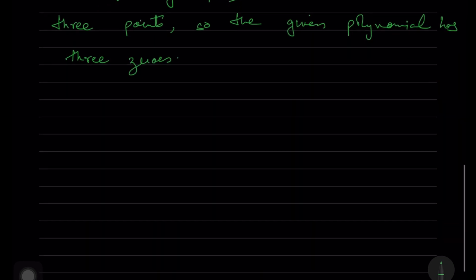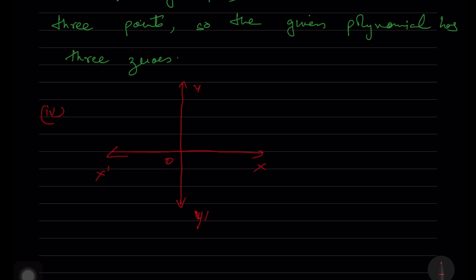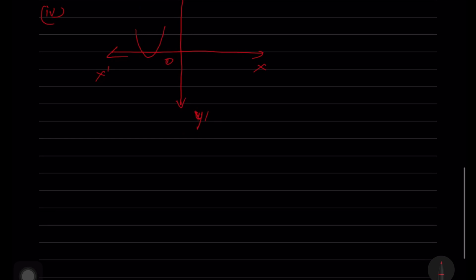Going into the fourth case, you draw the x-axis and y-axis and name them. In this, the graph is a parabola opening upwards, and it is intersecting the x-axis at exactly 2 points.